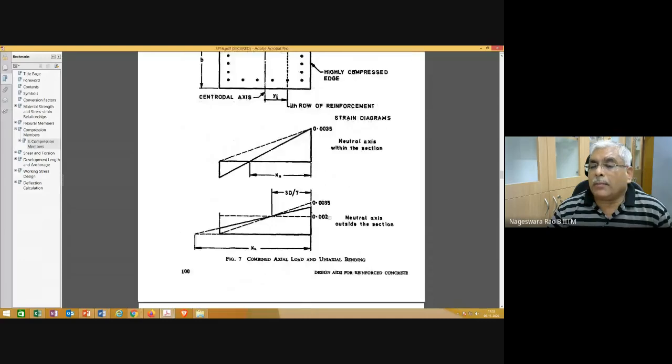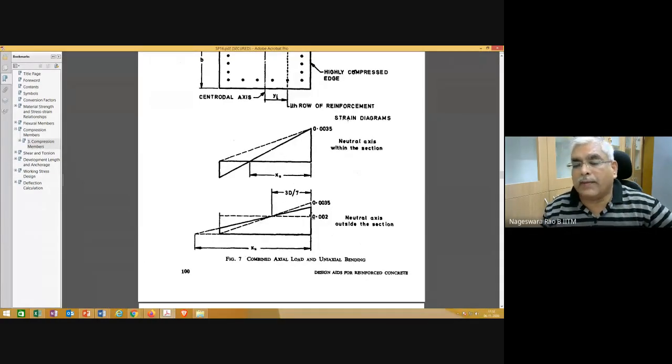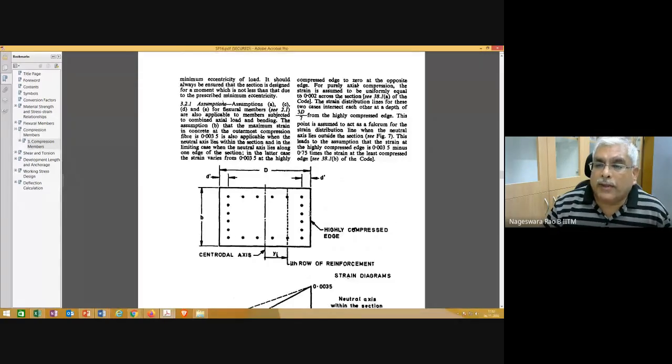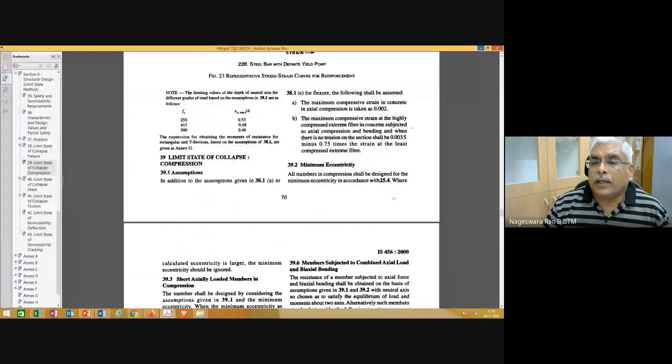So this is all coming from this strain distribution diagram, and also based on the identification of the fulcrum and where it is changing to pure compression. We may not be able to go through the details, but just make a note of that assumption, because of lack of time.